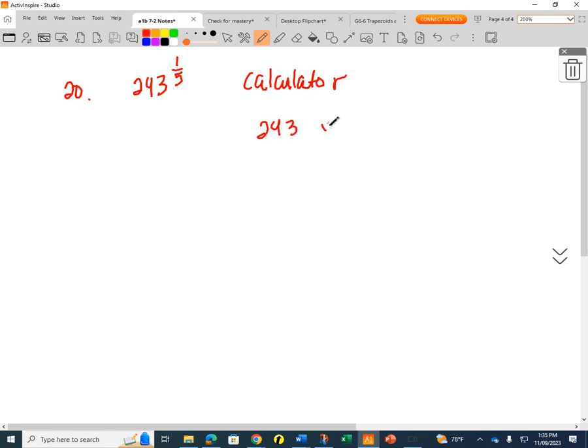Then we enter our y to the x button. Then we enter parentheses, 1 divided by 5. That's the easiest way to do it, I think. And then equals. You could put that in as a fraction, but you don't have to.